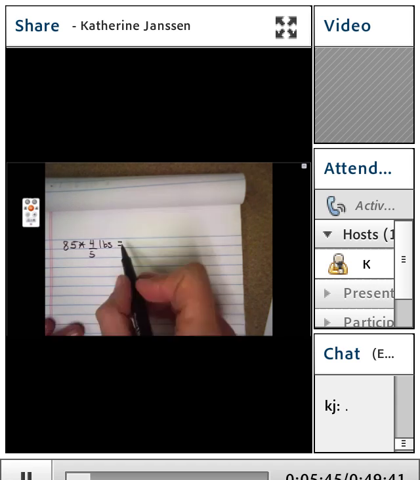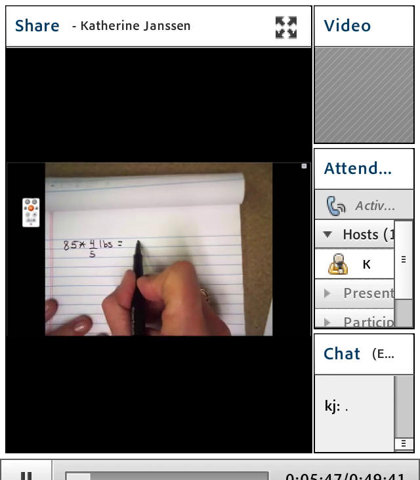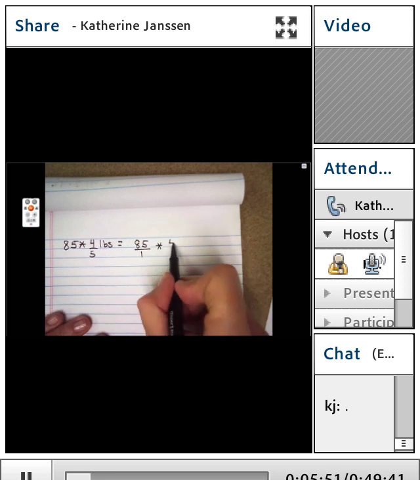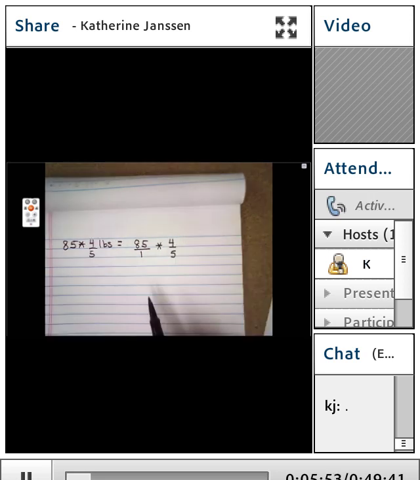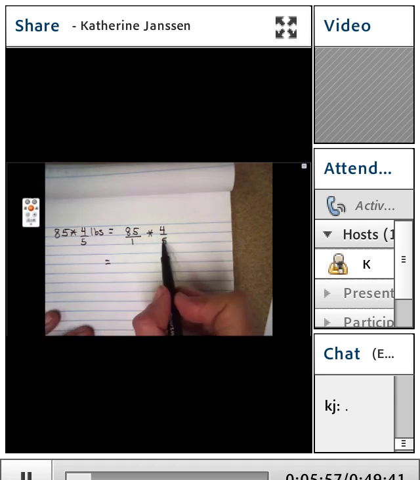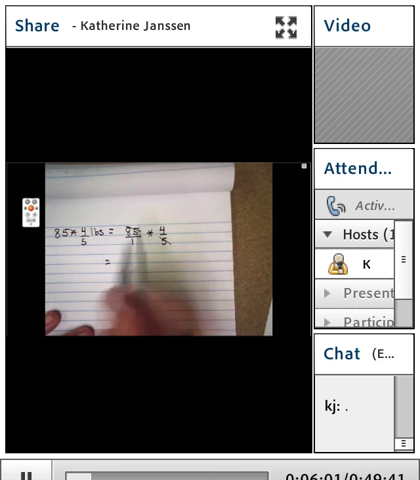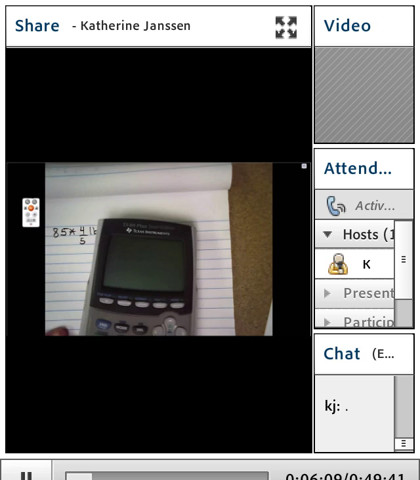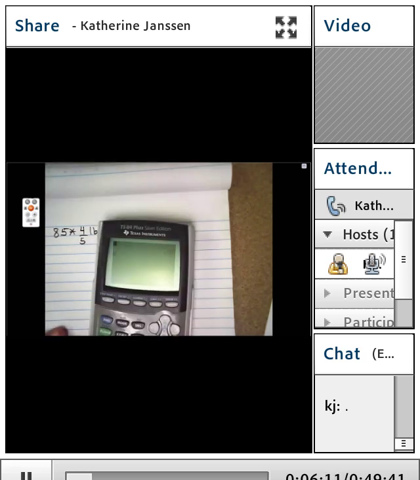Now 85 is a whole number. I can write that in fractional notation with a numerator and a denominator as 85 over 1. And I see that 5 goes into 85 evenly. 85 divided by 5 is 17.